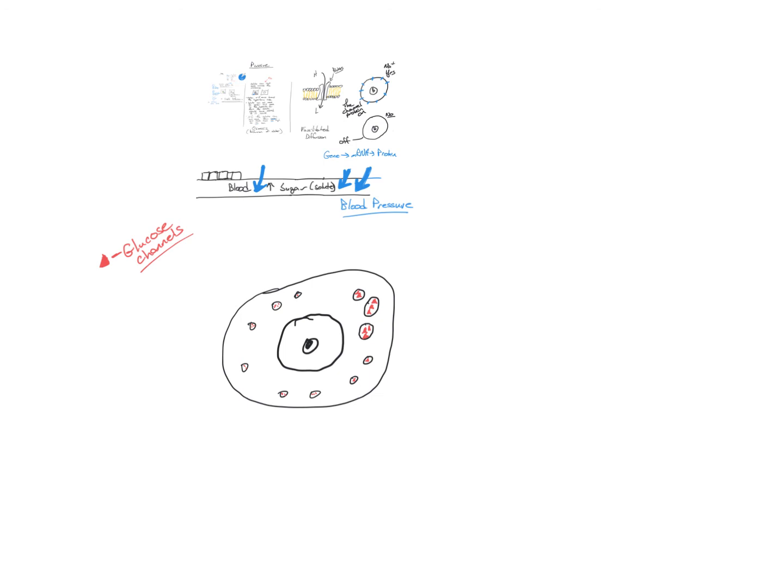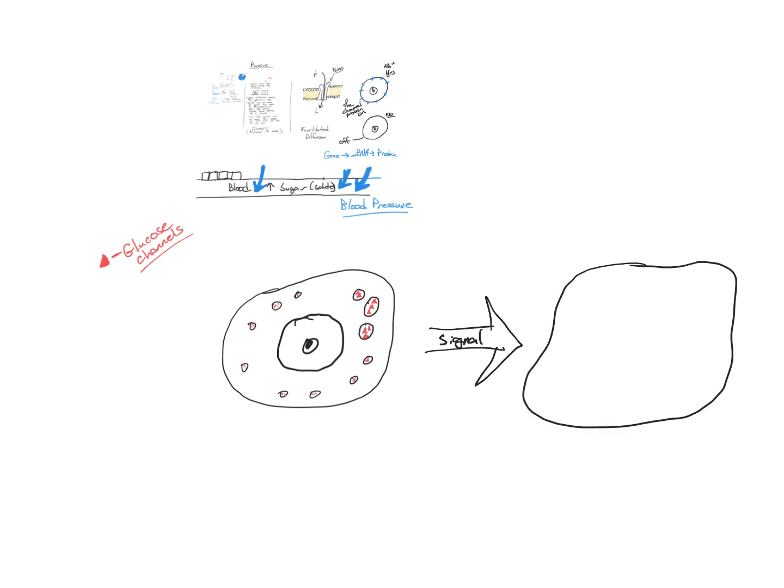What's going to happen is if it receives a signal, then it's going to release those vesicles, and then in the membrane, you're going to have the channels. Does that make sense? So now the membrane has the channels.